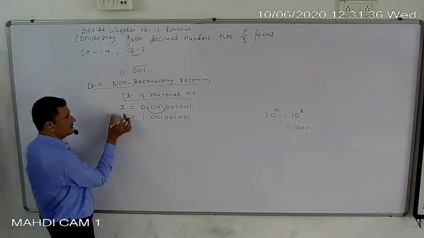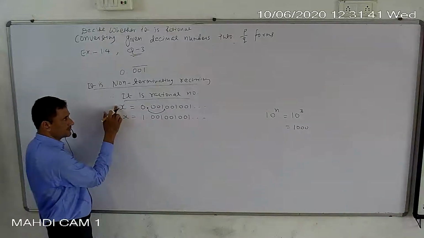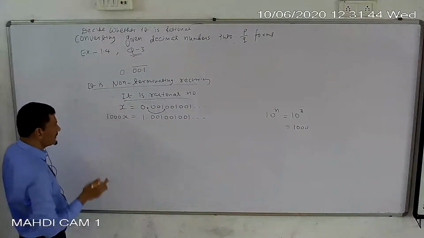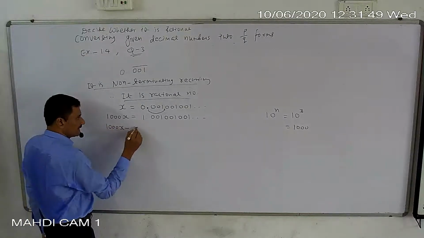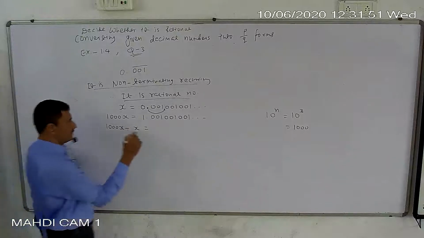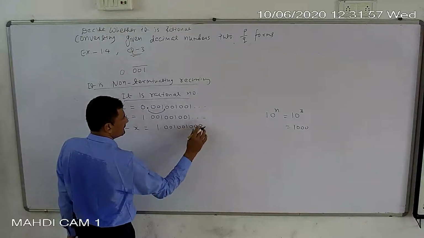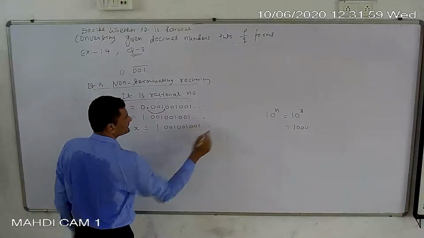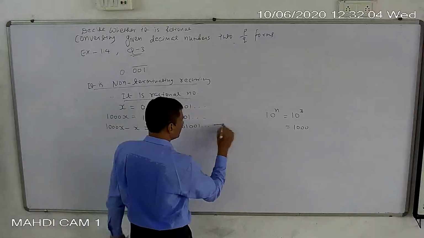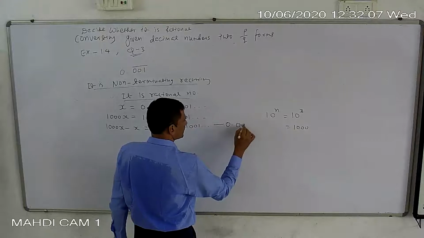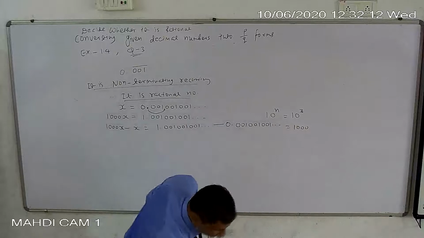Now subtract the previous step from the last step. So subtract the first step from the second step. So it will become 1000x minus 1x equal to 1.001001 like this, minus 0.001001 like this.